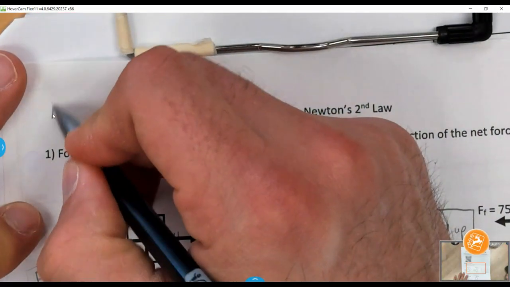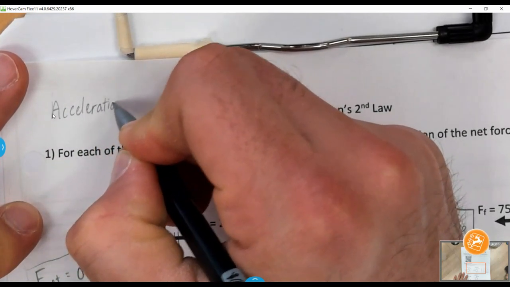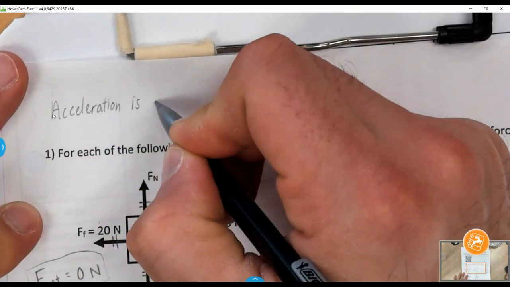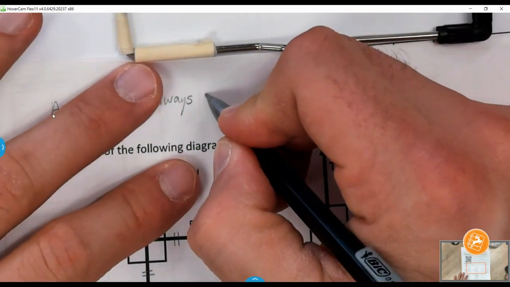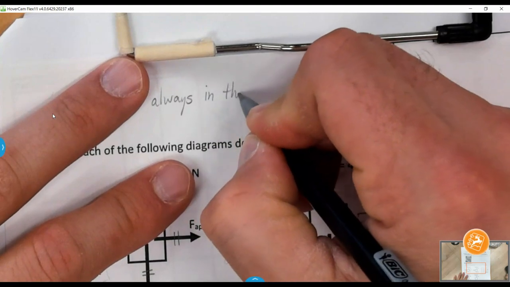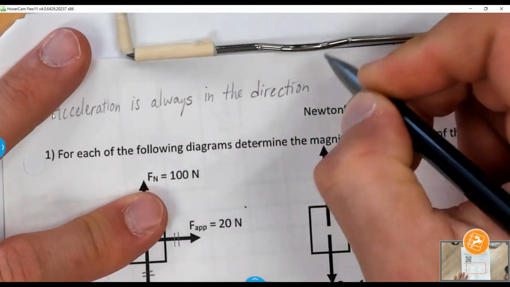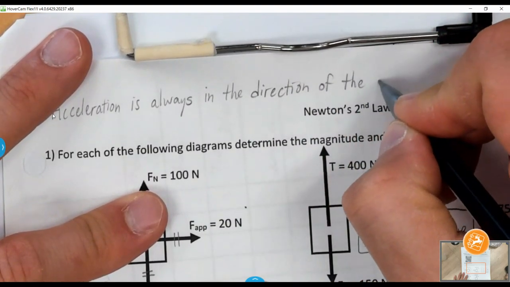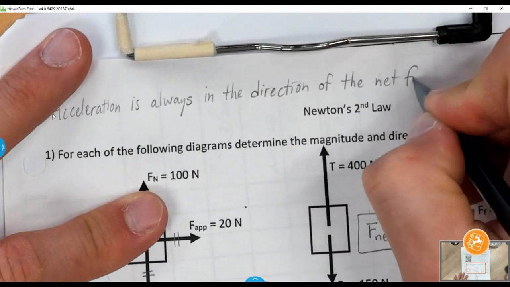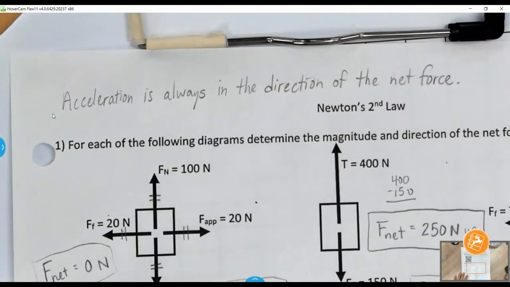So at the top: acceleration is always in the direction of the net force.